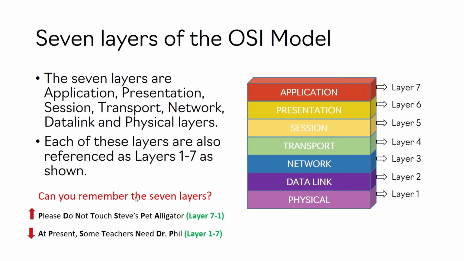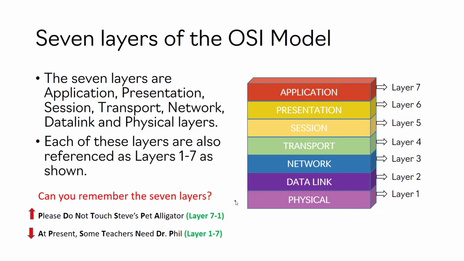And just before we move into the details of what each layer does, we need to give it a little mnemonic to help remember the layers. Just in case you're seeing it for the first time, how can you commit these layers to heart? There's a mnemonic here.